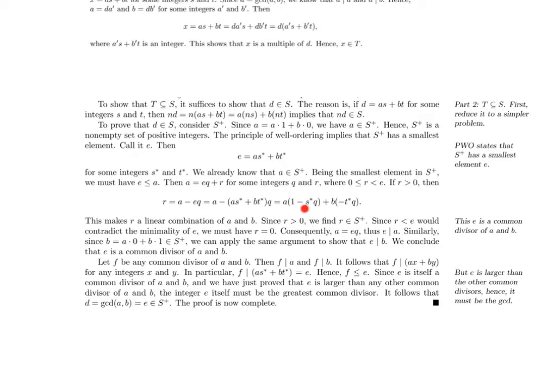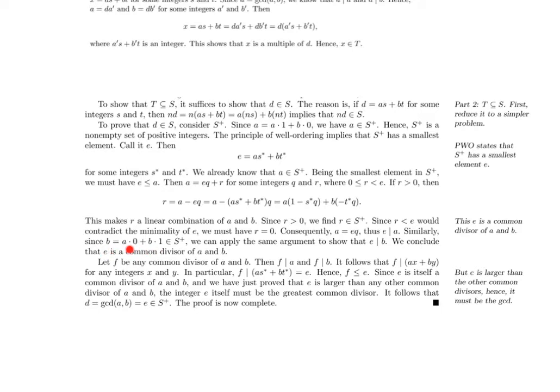Do a little bit of algebra, and we've shown that R is now an integer linear combination of A and B. But E is the smallest element in S plus, so we can't have that R is positive and less than E. So that means R has to equal 0, which tells us that E divides A.